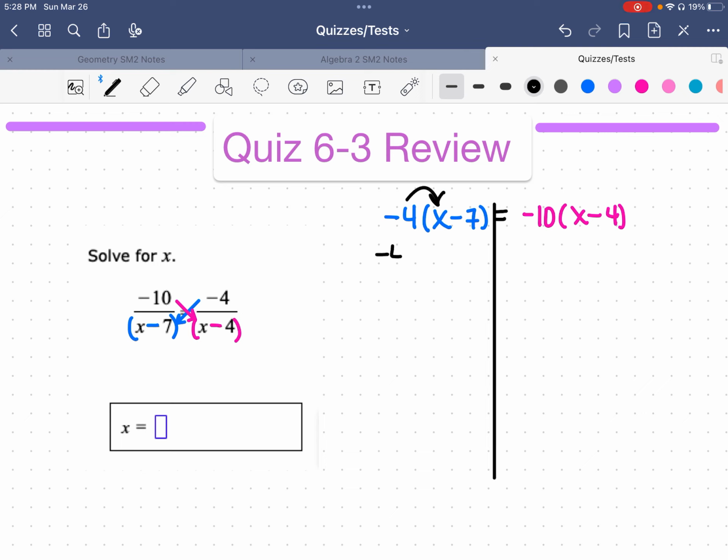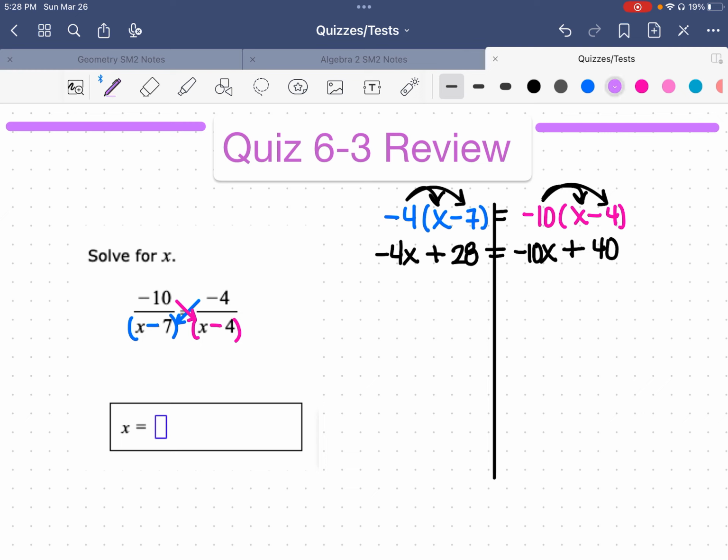parentheses is because I have to make sure that I distribute. So I'm going to go ahead and say that that's -4x. I'm going to go ahead and say that negative and negative makes a positive, 28. -10x. And then once again, negative and negative is going to make a positive, and we've got 40.